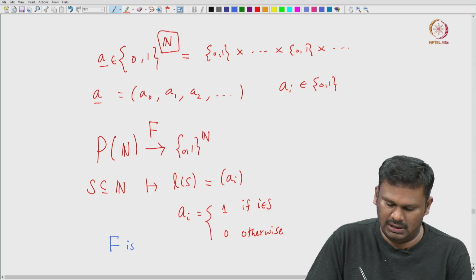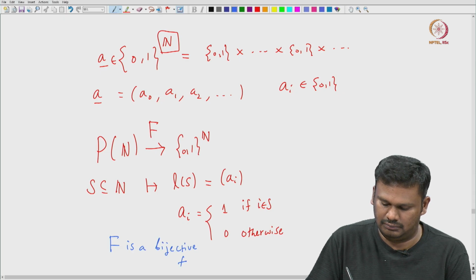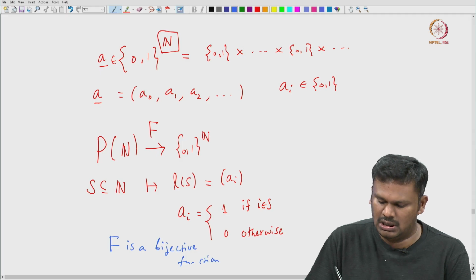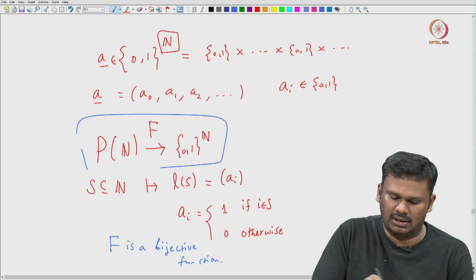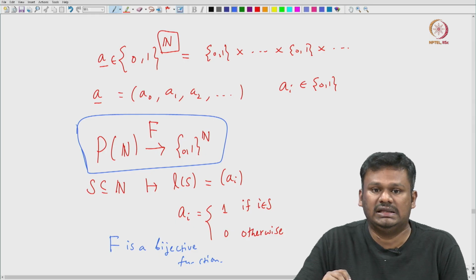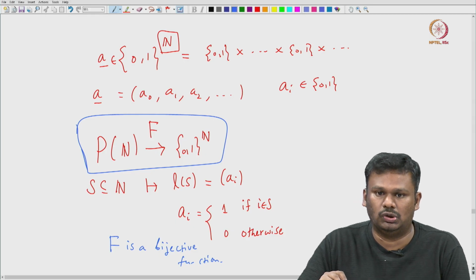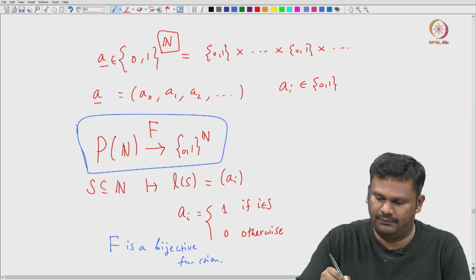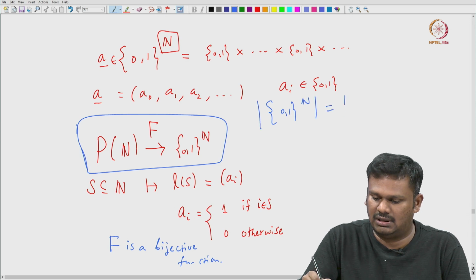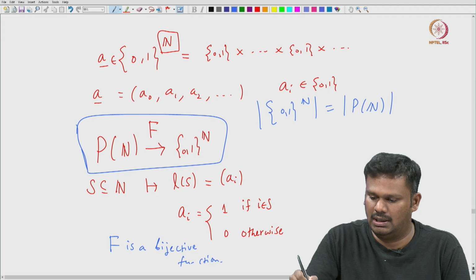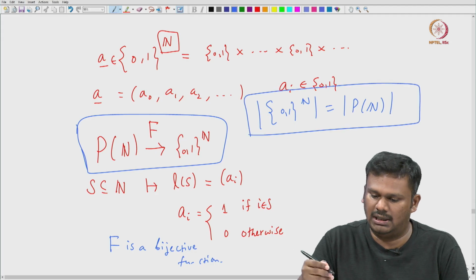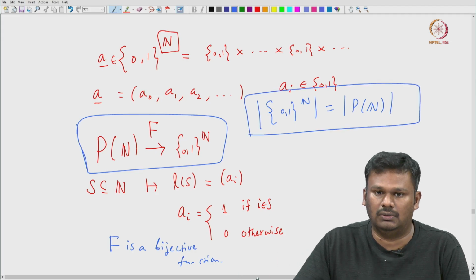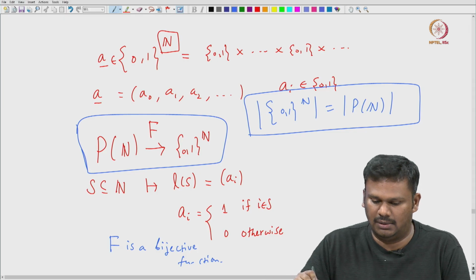So, this capital F is a bijective function. Since it is a bijective function, that immediately tells you that these two sets, the power set of N and {0, 1} to the power N, indeed have the same cardinality. And we will prove in a minute that they are indeed uncountable. So, they cannot be countable.